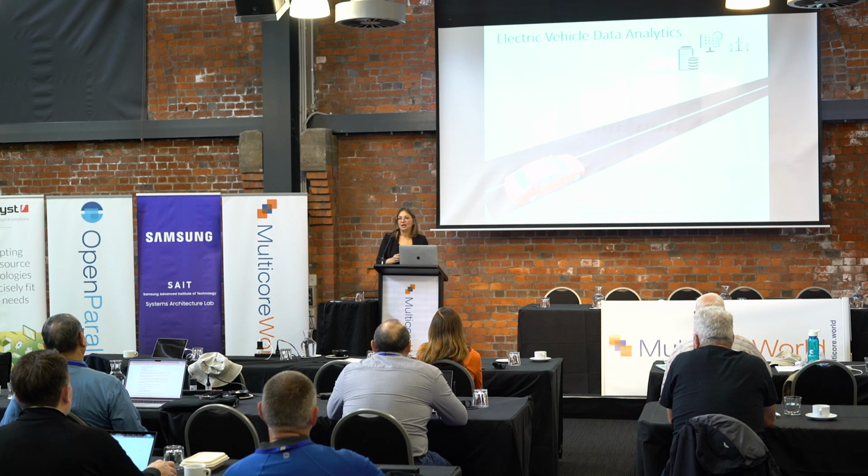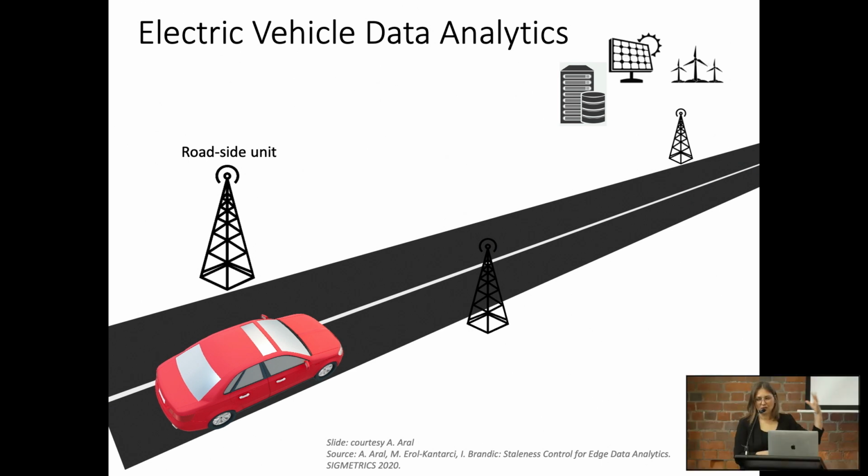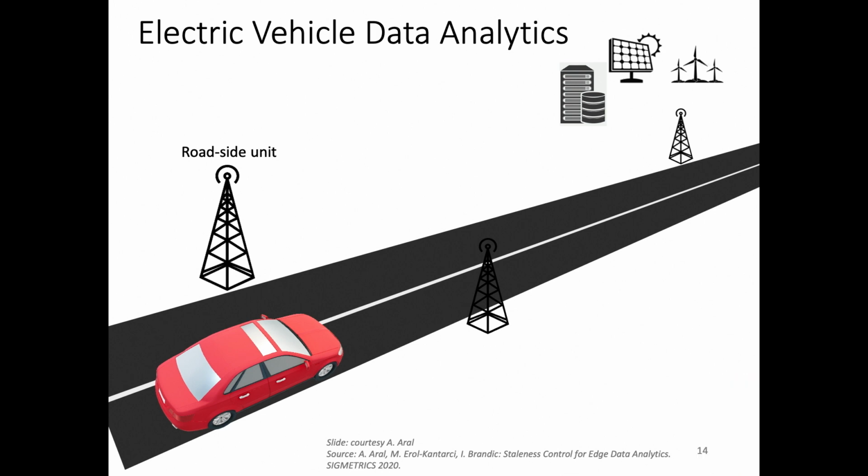So what we are doing here, we want to collect data from cars. All the data that the car is producing, like velocity, speed, fuel, start time, destination time, and so on, and try to optimize and route the people to the charging stations so that they don't have to wait.